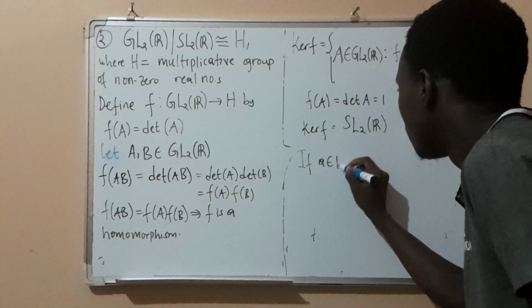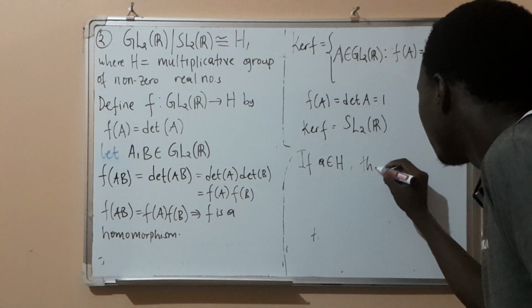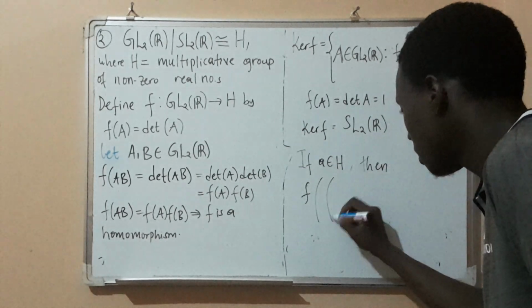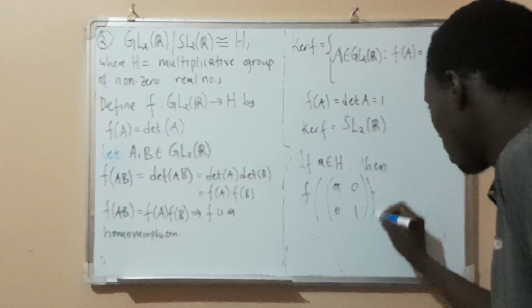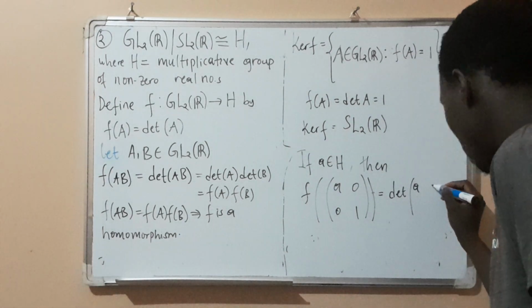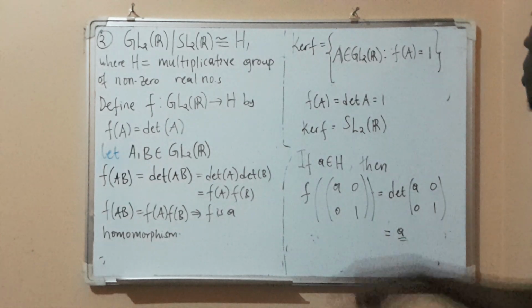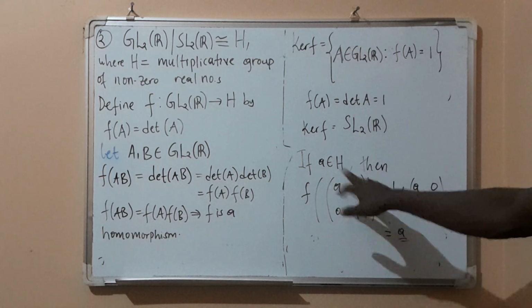Pick an element from the image: if A is within the image, then we shall have F of the matrix with entries A, 0, 0, 1 being equal to the determinant of this matrix, which is A. So I've been able to pick an element from the range, and I've been able to show that it has an object in the domain, this matrix.